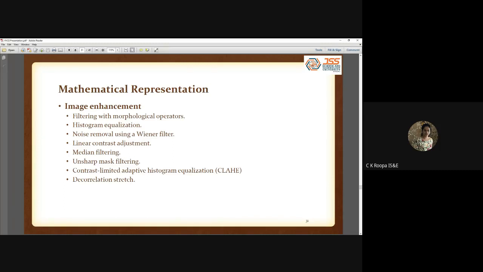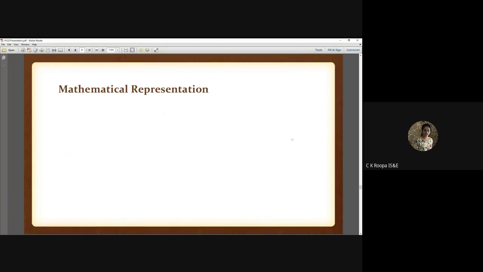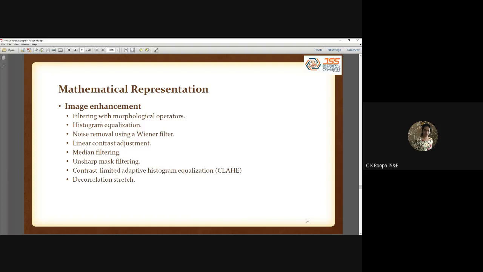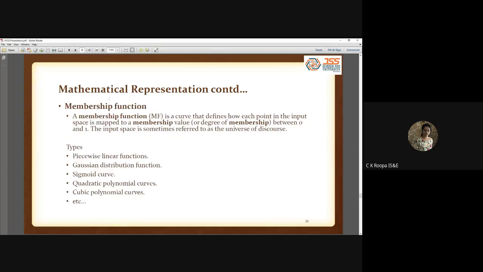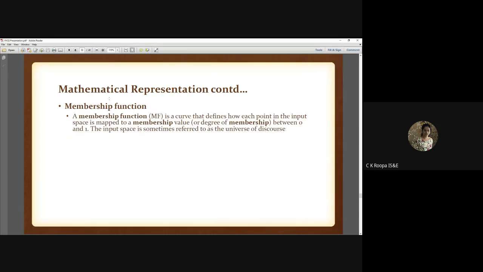They are all basically based upon mathematical representation. And you can also plan to work on giving various mathematical representations to deal with exposure, right? And then you have a membership function, right?